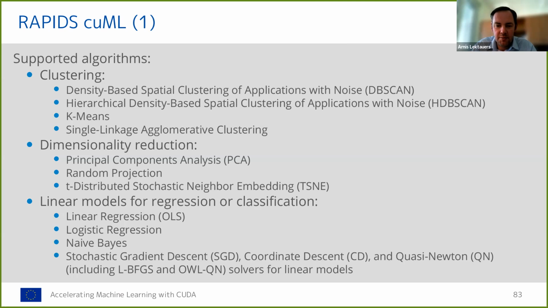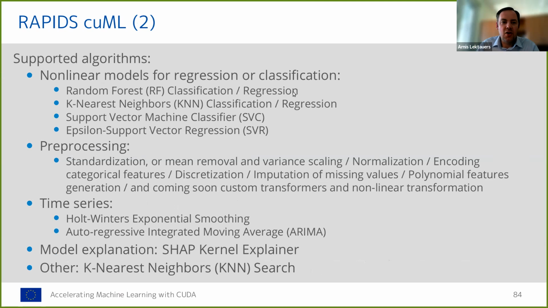Different algorithms there are implemented and available, as well as non-linear models for regression and classification, different preprocessing algorithms. For example, for time series processing, classical Holt-Winters exponential smoothing model is available there, accelerated by CUDA. And several different other algorithms are implemented there with Python interface.